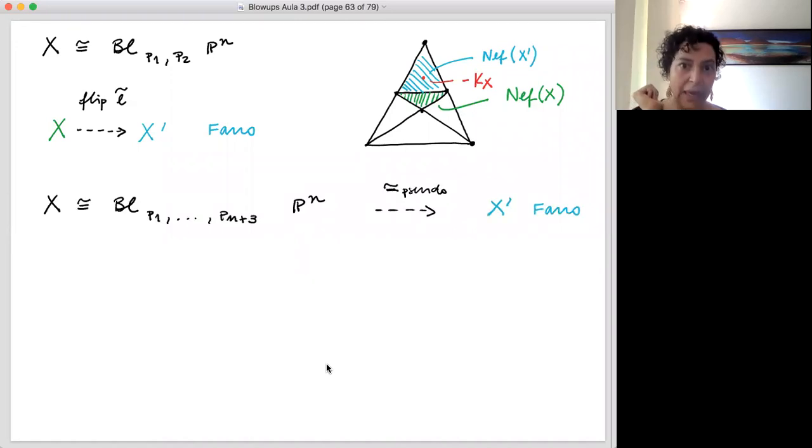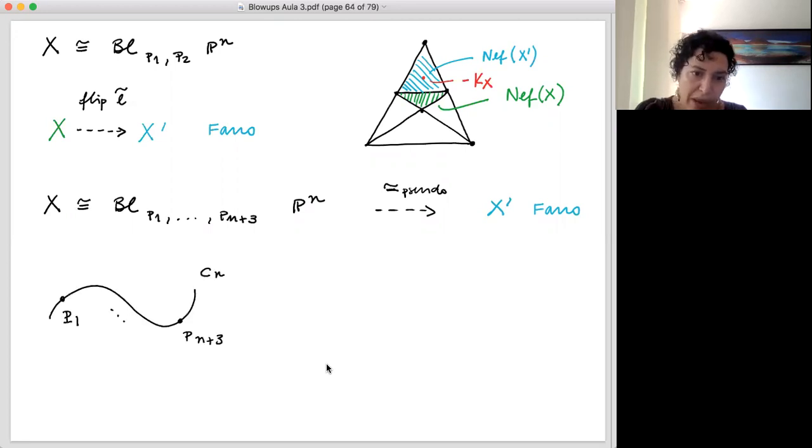And now, given the Mori chamber decomposition of the blow-up of P^n at n plus 3 points, we can do a similar description of the funnel model. In this case, when we have n plus 3 points, the lines that connect these points give you important curves on X. But there's another important curve: there is a unique rational normal curve passing through P1 up to P_(n+3).